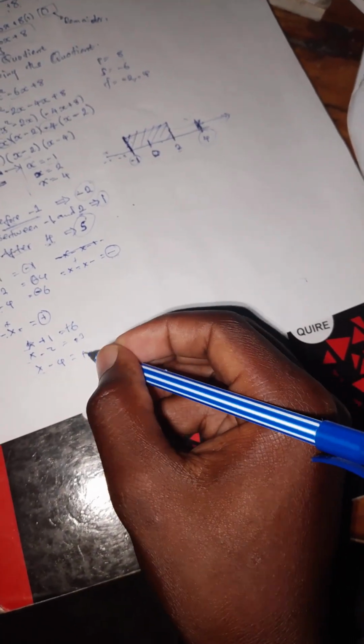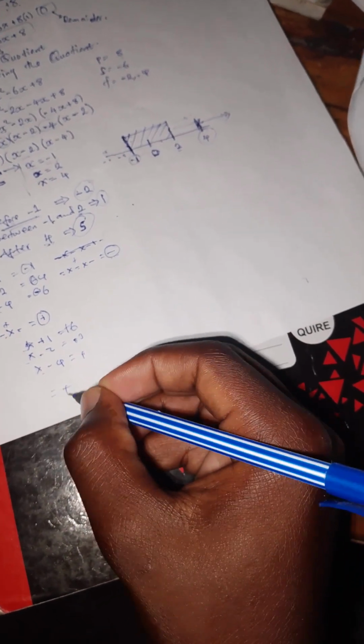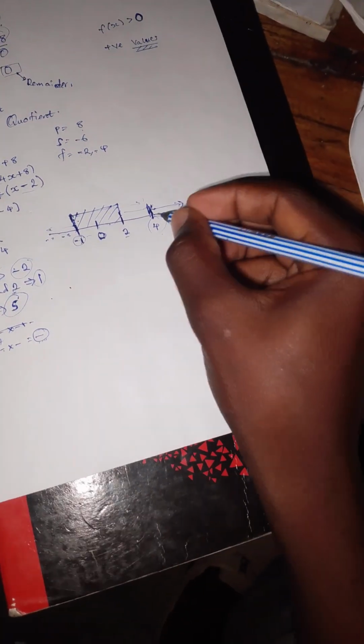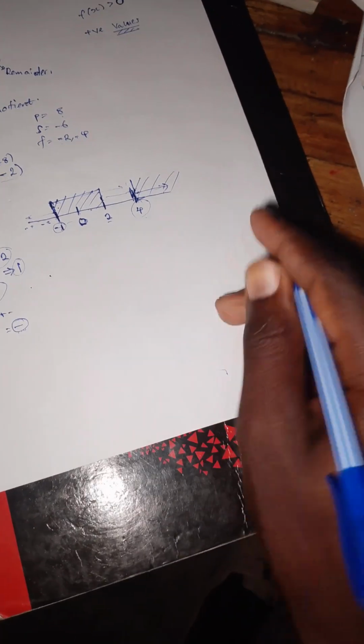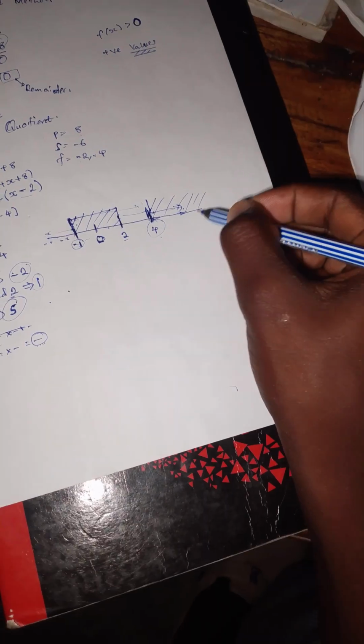Positive times positive times positive is positive, so we mark this range because we are getting positive values.